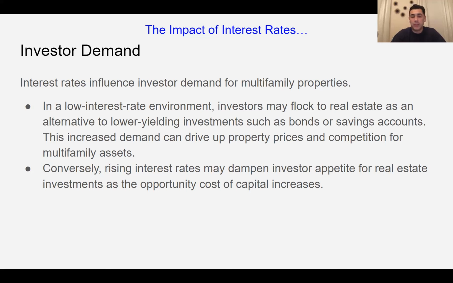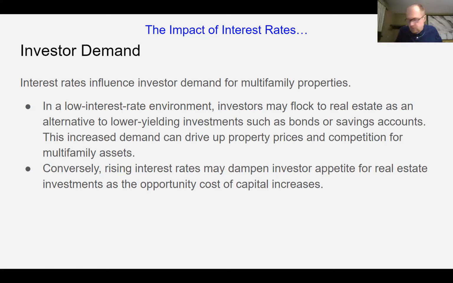Therefore, higher interest rates put investors on the sideline. Lower interest rates bring all the investors out, interested in making deals because the cost of capital is so much cheaper. Therefore, the market gets flooded with investors. It's a vicious cycle. Anything to add, Philippe?